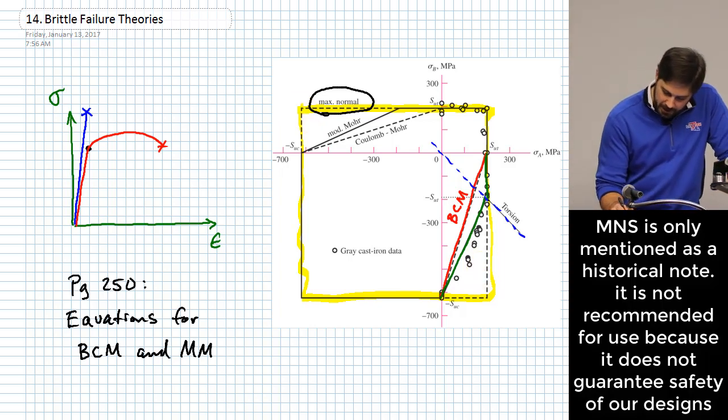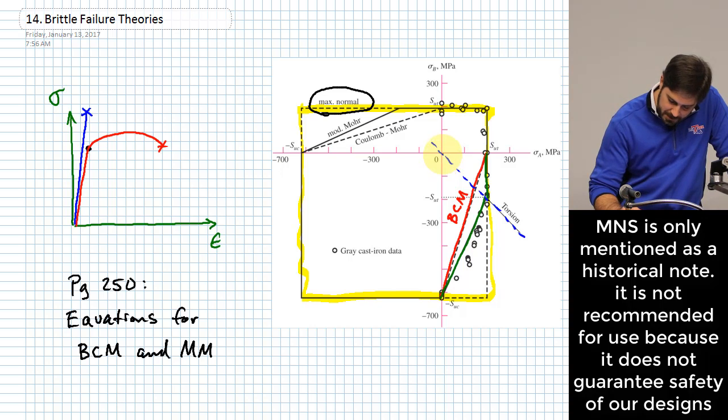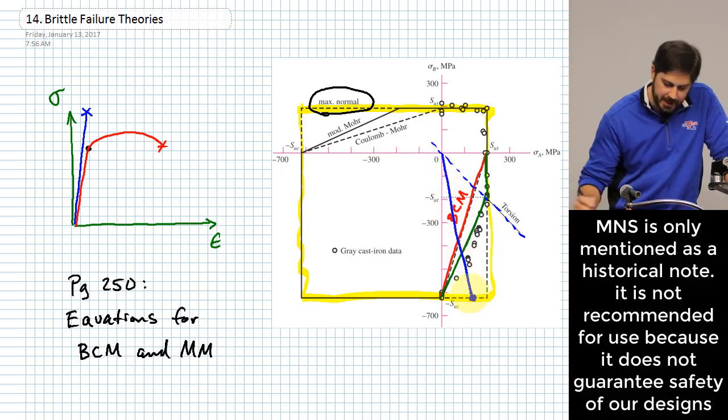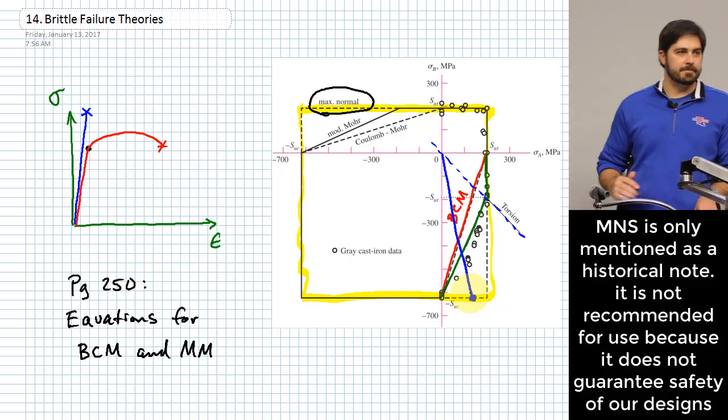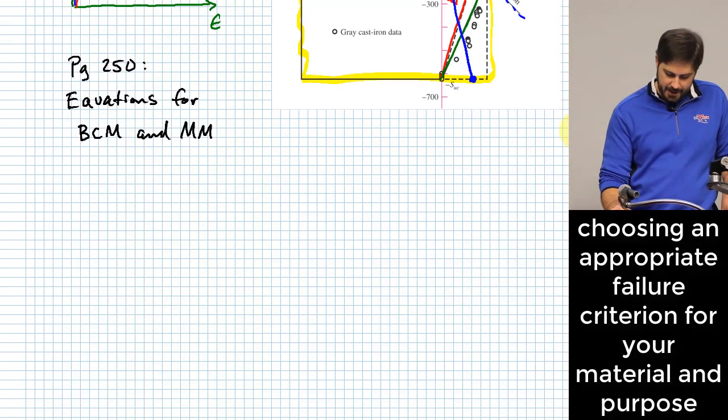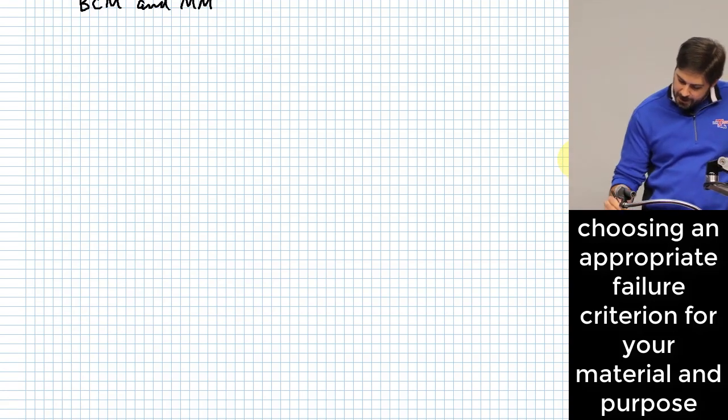You know, down in this range down here, if you had a load line, for instance, that was going like that, right, you wouldn't predict failure until it reached that line. And that's not good because the data says that your material would fail significantly before that, most likely, if it followed the pattern of the rest of this data that we have up here. So I mention it here, but we're not really going to do anything with it. So suffice to say. All right, let me do one thing here.